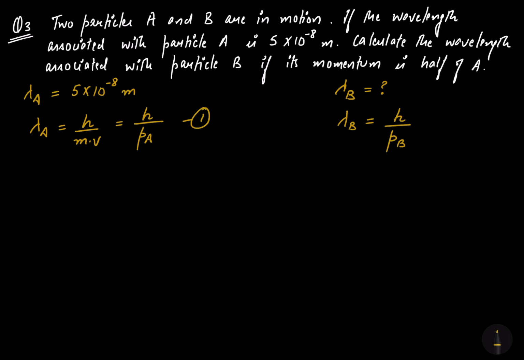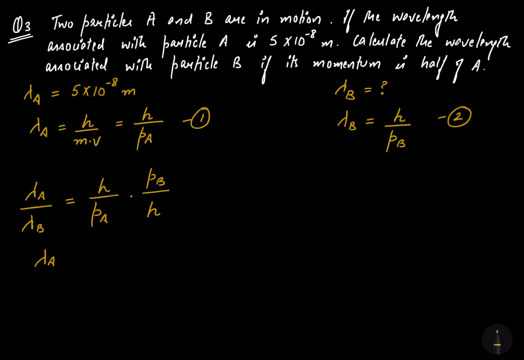Mark it number 1 and mark it number 2. Now divide number 1 by number 2. So the wavelength of A divided by the wavelength of B, it comes out to be h upon momentum of particle A into h upon momentum of particle B.